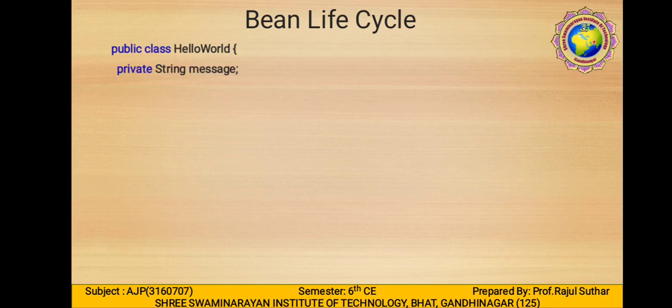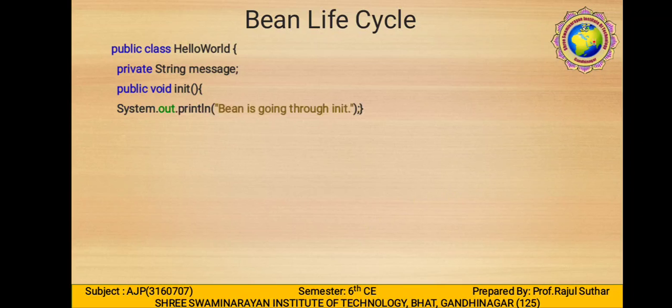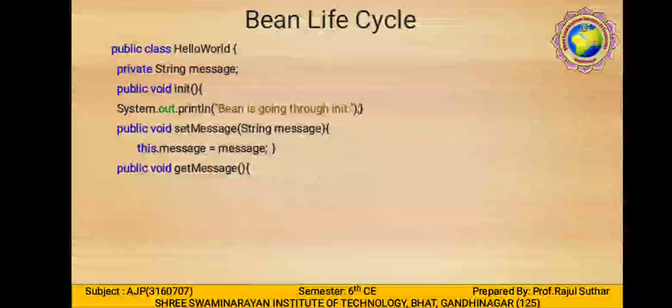First, public class, here the class name is HelloWorld. We declare message as a String data type and make it private. Then we require the init method for initialization. So every life cycle covers the initialization. Here System.out.println, bean is going through init. We are starting with the init method. Then public void setMessage(String message), this.message equals message.